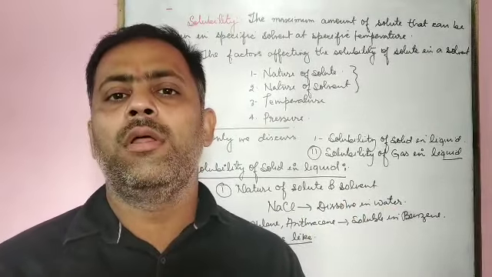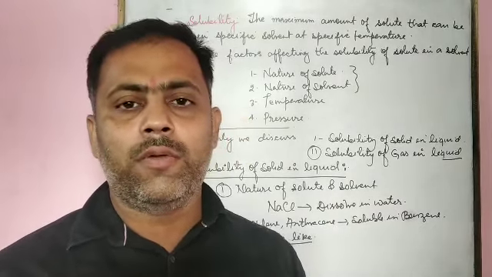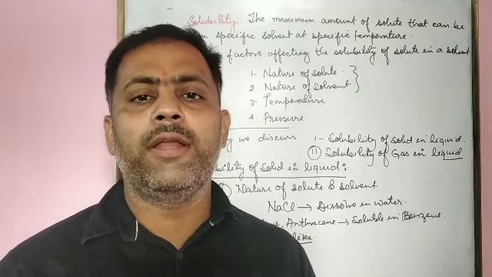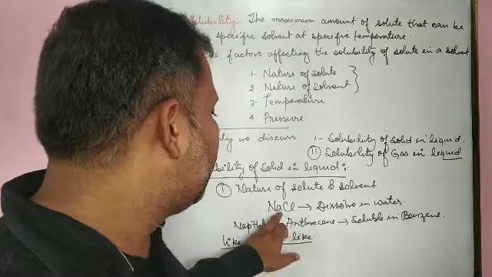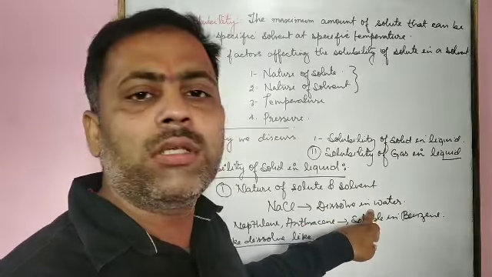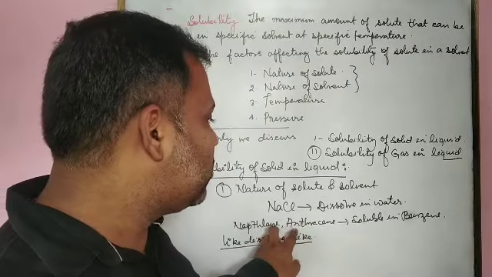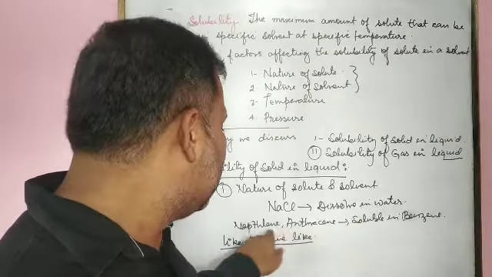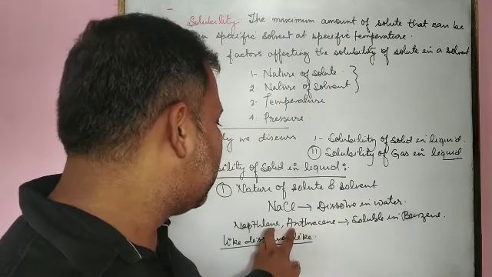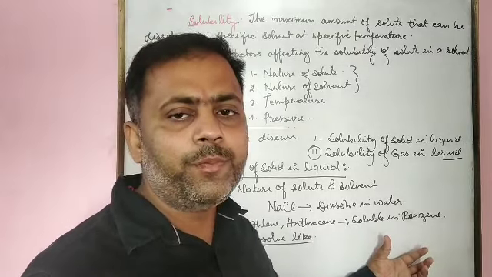It means ionic compounds dissolve in ionic solvent, and organic, covalent compounds dissolve in covalent solvent. That's why sodium chloride, which is ionic, dissolves in water because water is a polar solvent. Naphthalene and anthracene are insoluble in water because these are covalent and water is ionic. Therefore, they are soluble in a covalent solvent, that is benzene.